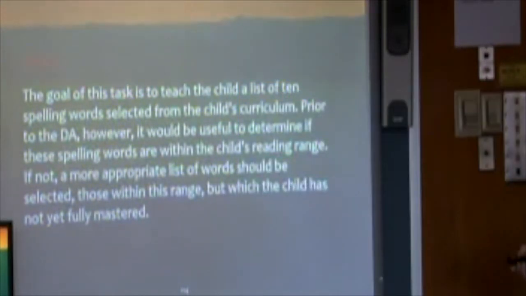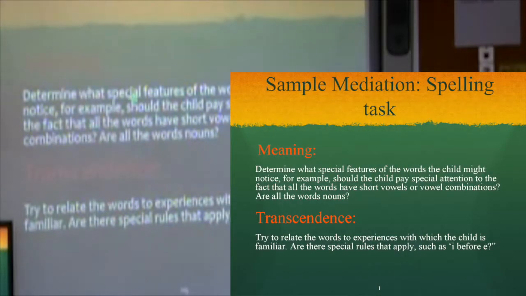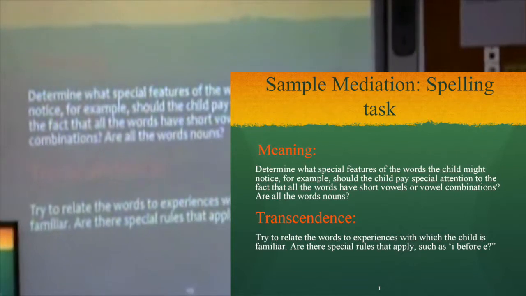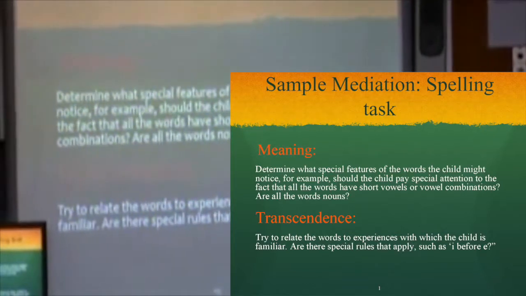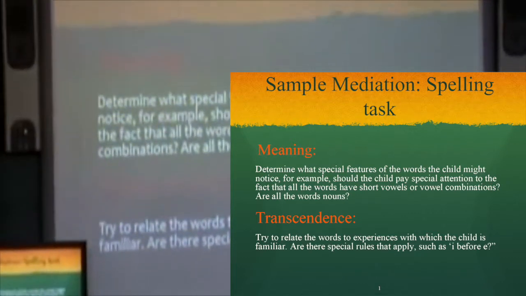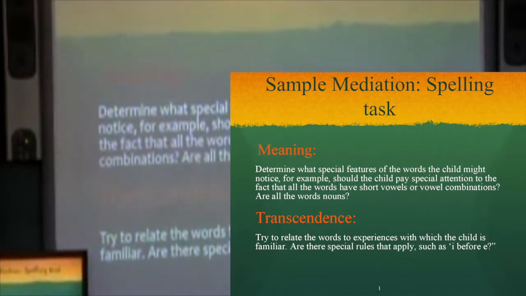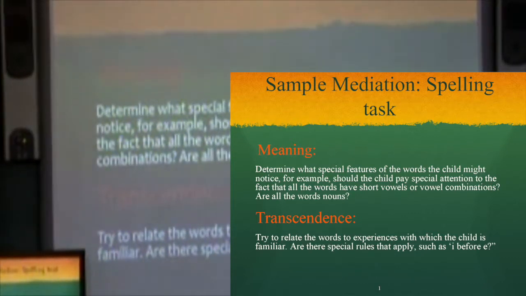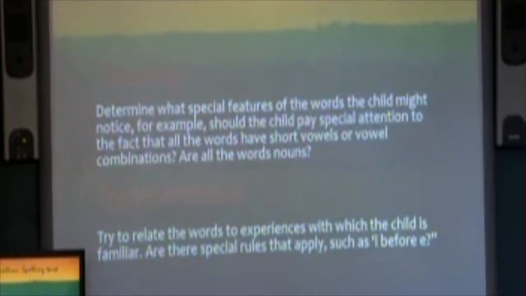Otherwise, pick a different list. If the child's having difficulty with spelling, then you have to parse out the perceptual aspects of it. Is the child paying attention to the appropriate distinctive features of the words? Is the child having an issue with the order of the letters?